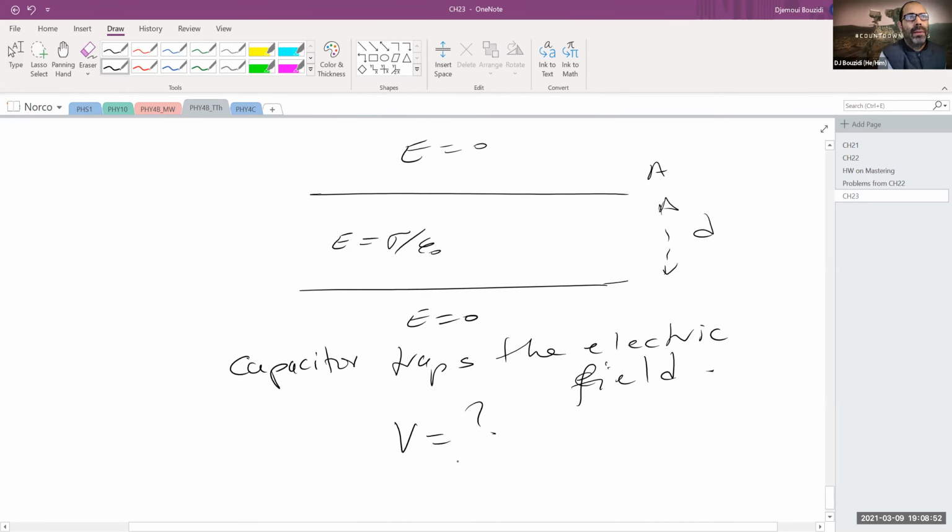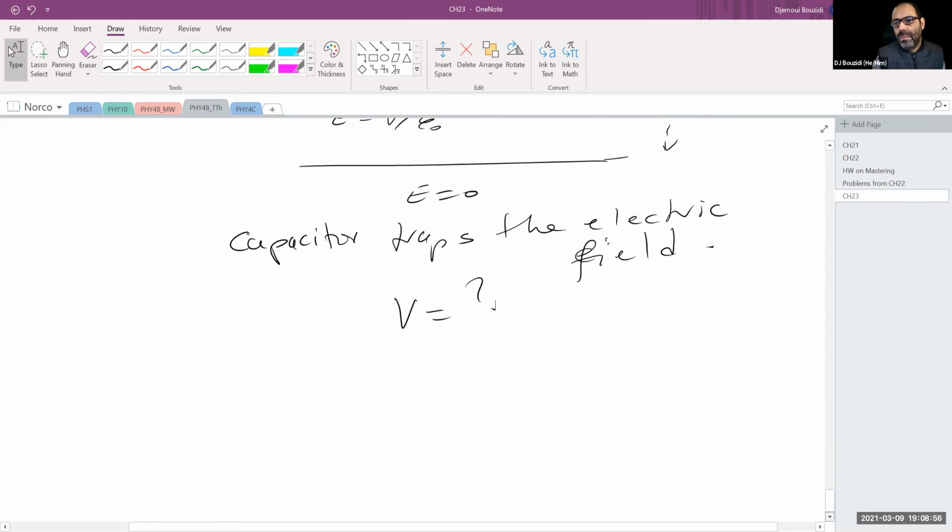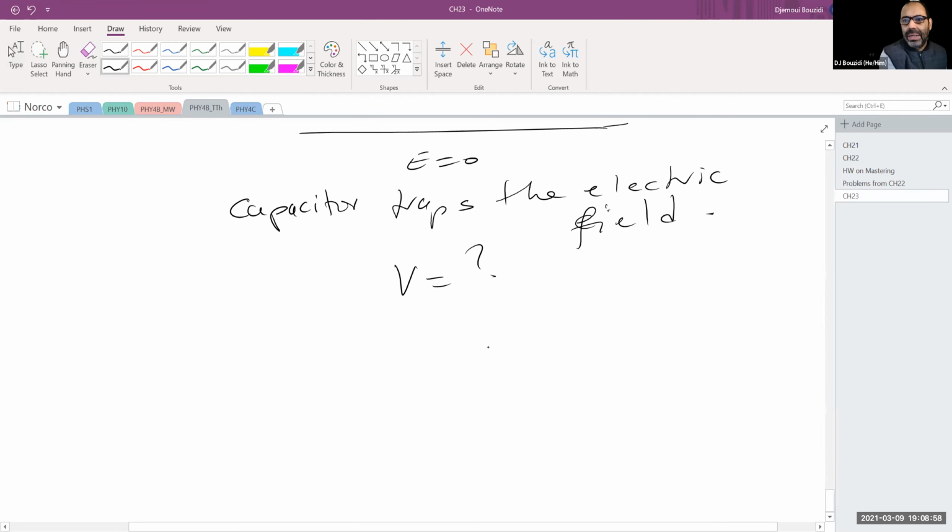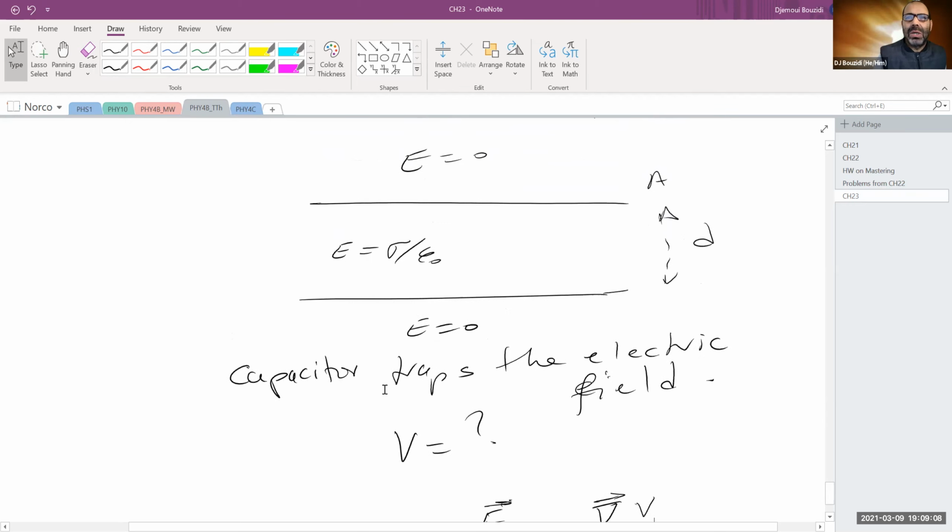How much is V? I know E is equal to minus the derivative of V, let's put it in vector form in general. I know the X component, so I'm going to take the X axis this way and the Z axis this way.